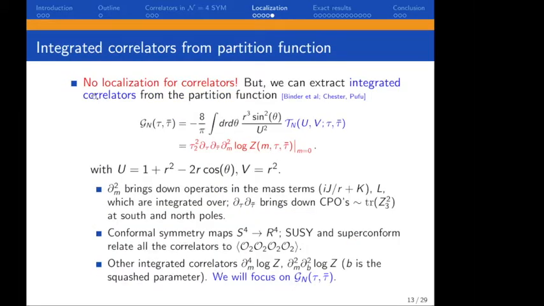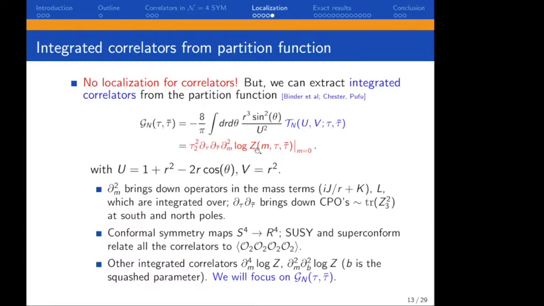First of all, I should point out there is no localization for the correlators, because the procedure I just described, introducing this symmetry, doesn't work. However, you can integrate the correlators, and that is where this comes from: integrated correlators from the partition function, due to the work of Binder and his collaborators. Here I just introduce one of these three integrated correlators.